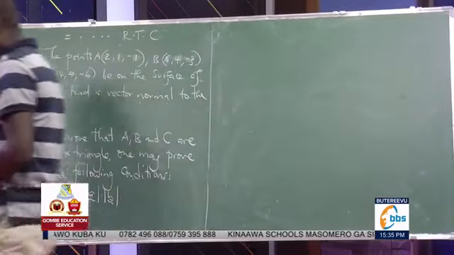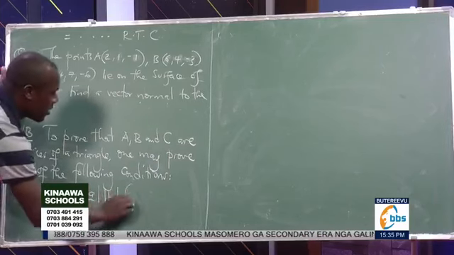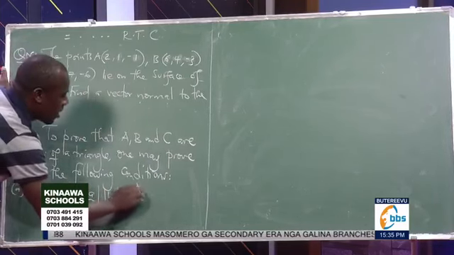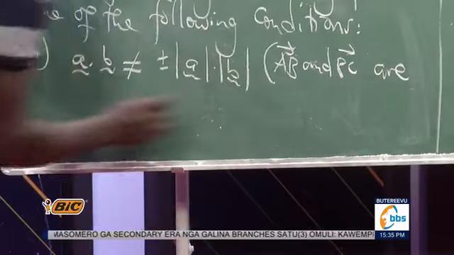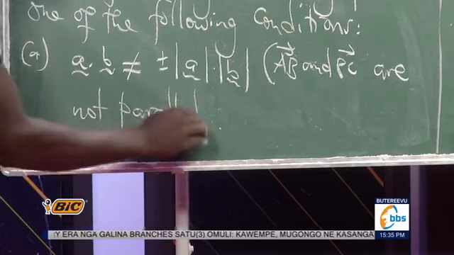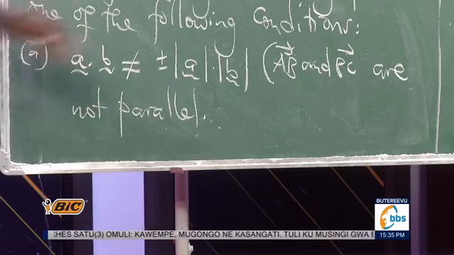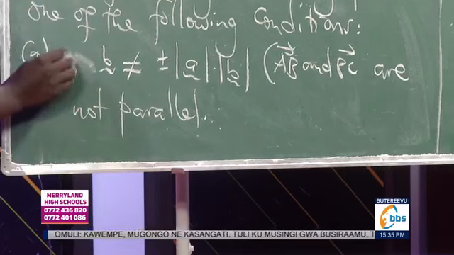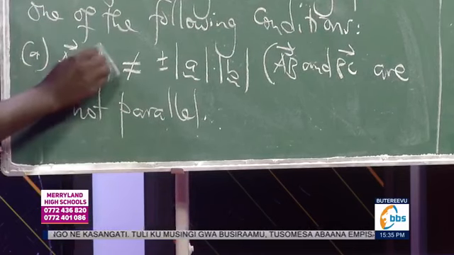Then using now the cross product. So here, you've just proved that AB and BC are not parallel. So the moment they are not parallel, it means that these points are not collinear. This is AB cross BC.